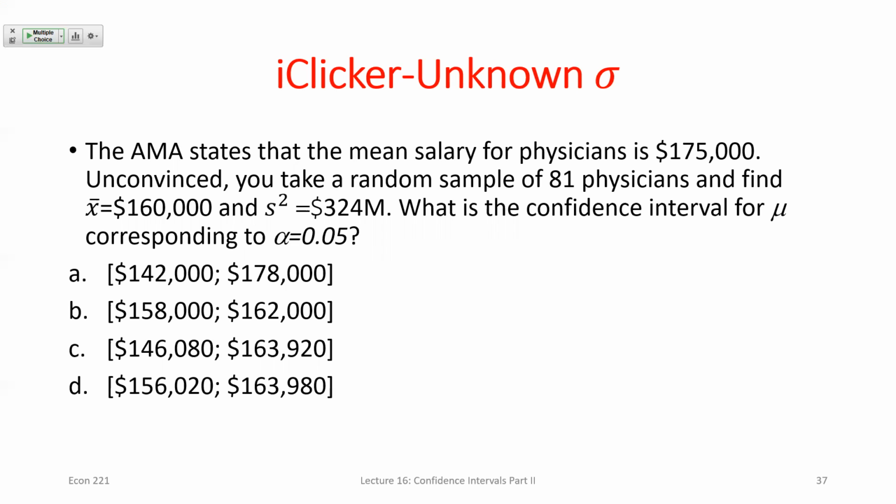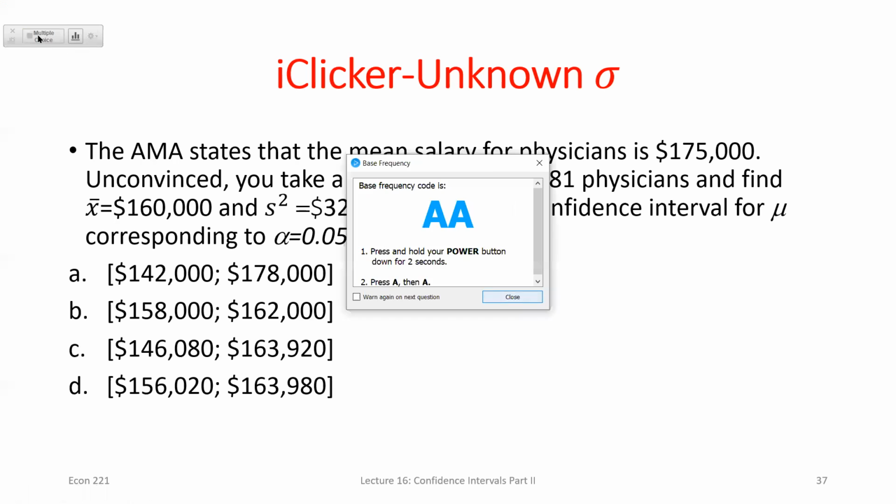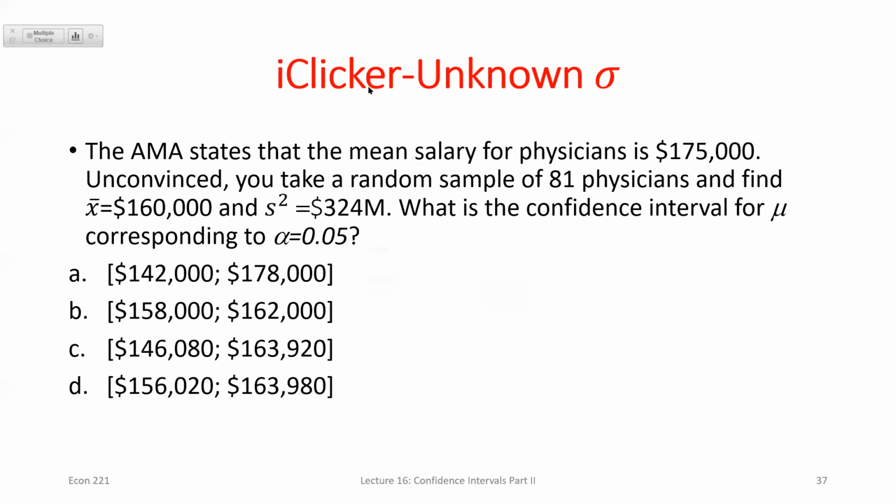So I need to find this t-value that gives me alpha over 2 and has the specific degrees of freedom. This would be a potential IQ question I would ask. Looking at this, I want you to respond with which one of these answers can't be correct. Stepping away from the computation for a second, looking at these different possible confidence intervals, based off of that sample mean of 160,000, you should be able to rule out one of these answers right away.